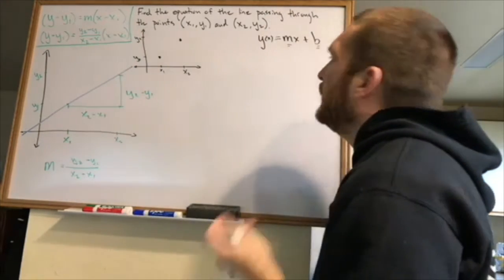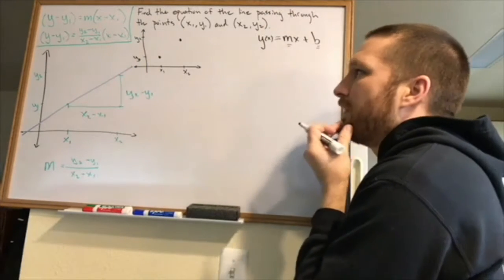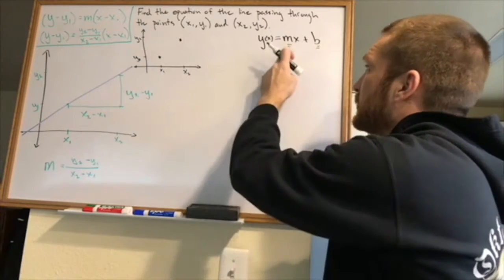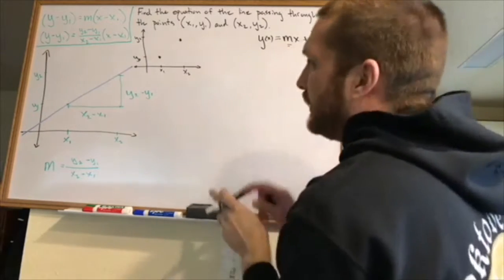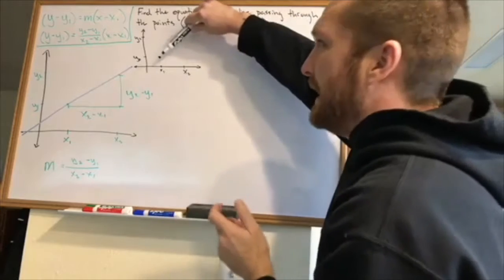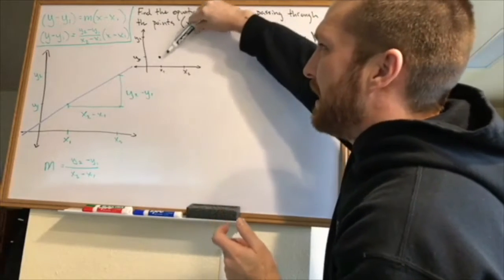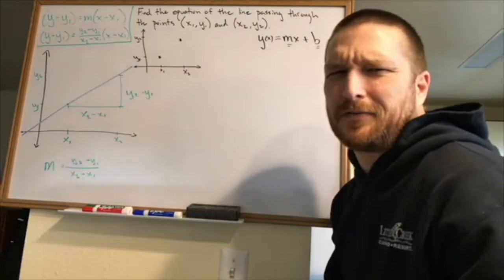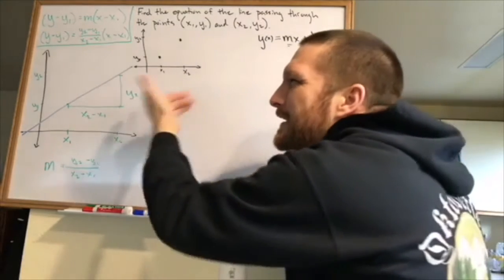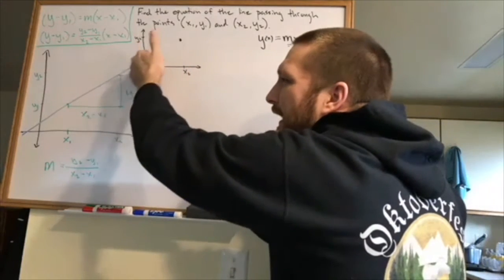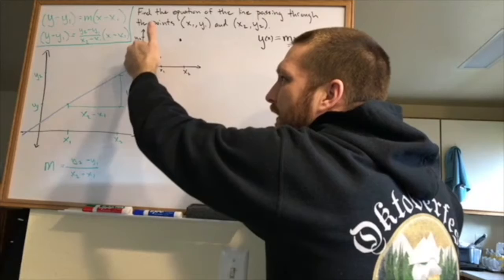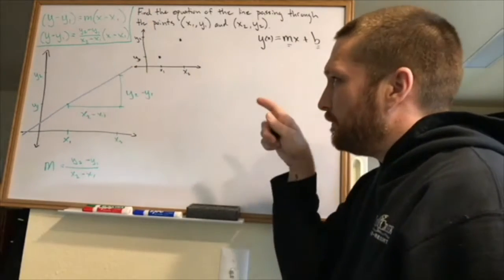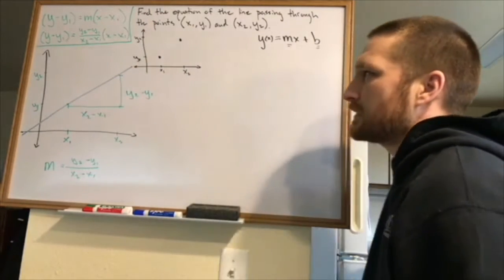Okay. Now I'm going to say, what can I do with that? Well, what do I need? I need a slope and I need an intercept. Right now, I don't see how I'm going to get an intercept out of that, because I just drew two points. I could have drawn them anywhere. But one thing I do know is that I can calculate the slope.